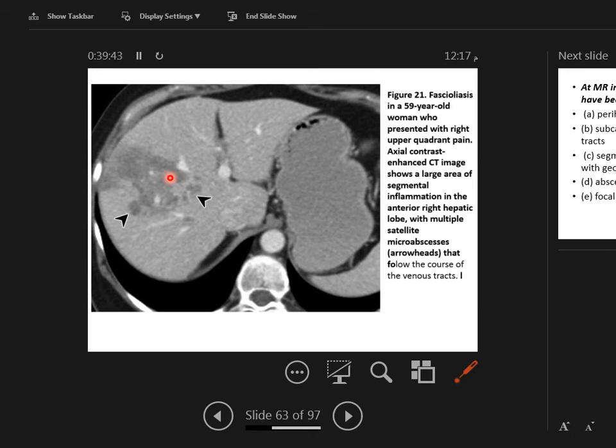By all modalities, there's no way that you will think of fascioliasis, or even parasitic infection in general, without having blood eosinophilia. So, increased eosinophilia in the blood is the main step to tell you that we are dealing with a parasitic infection. Okay?